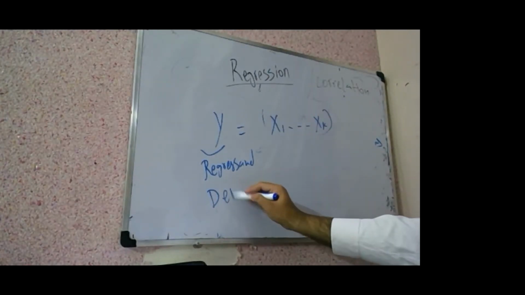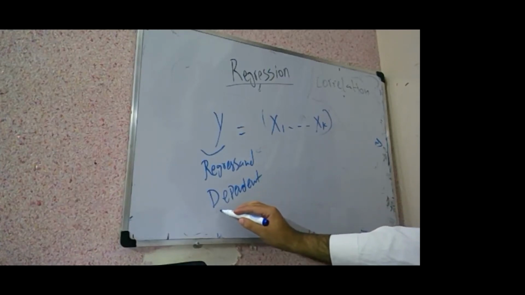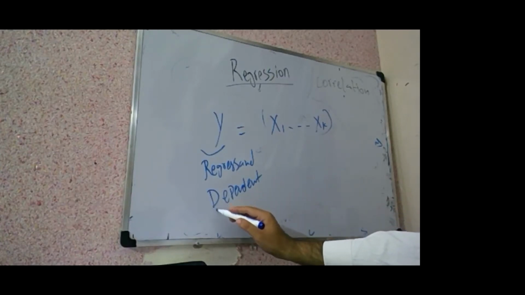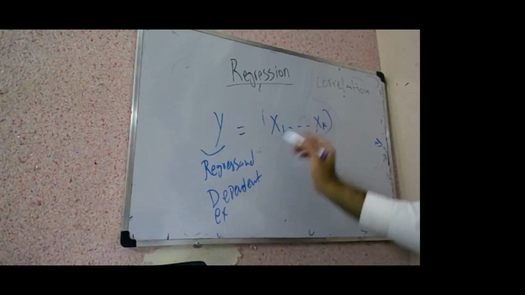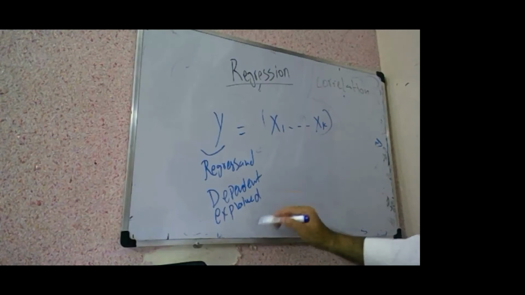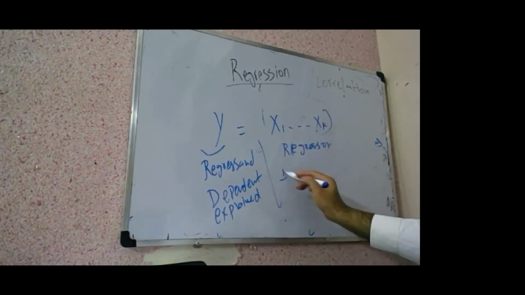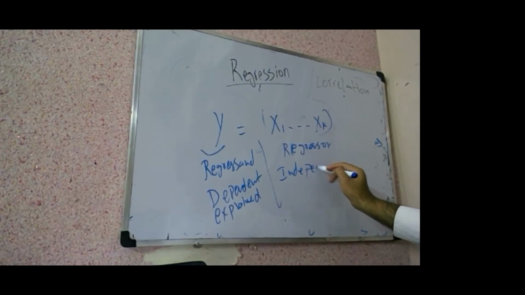It is also called explained, because it is being explained by these variables. We already know this, but I'm telling you anyway. If this is the regressand, this is the regressor. If this is dependent, this is independent. These are the same regression terms with different names for x and y.